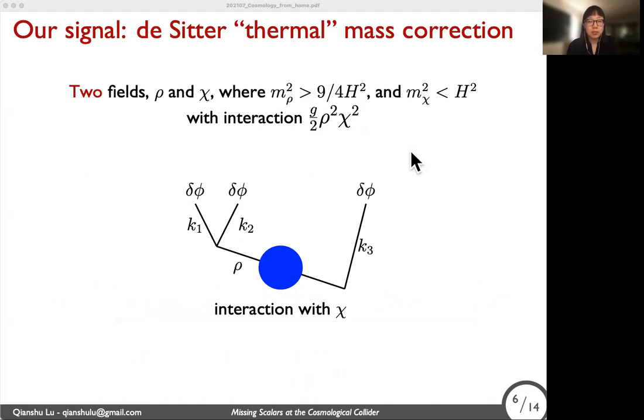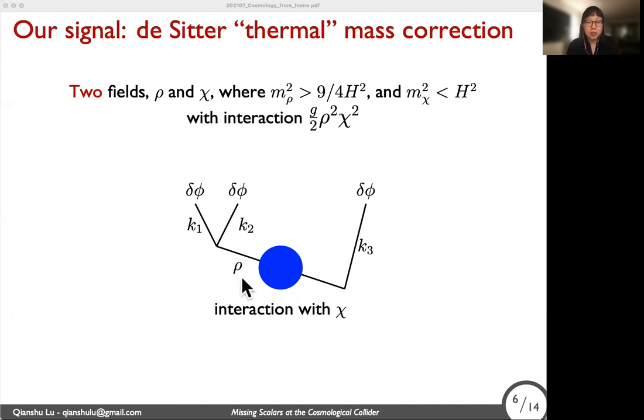And we're going to further assume that the rho particle has an interaction with the inflaton such that it is capable of mediating the inflaton's 3-point correlation function. Because the rho particle is heavy, the 3-point correlation function of the inflaton is going to have the oscillatory feature that is advantageous for observational purpose.